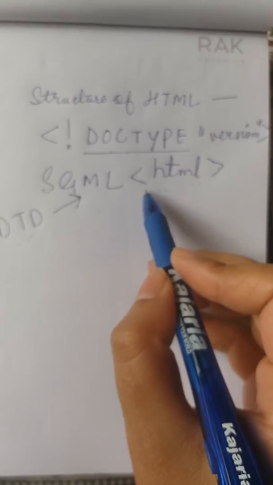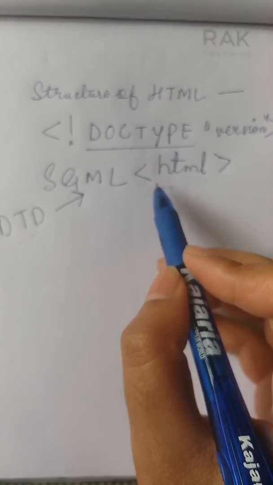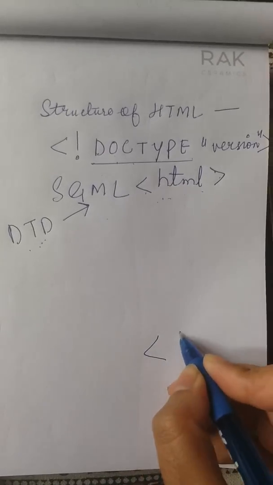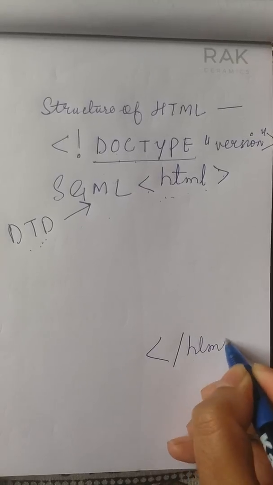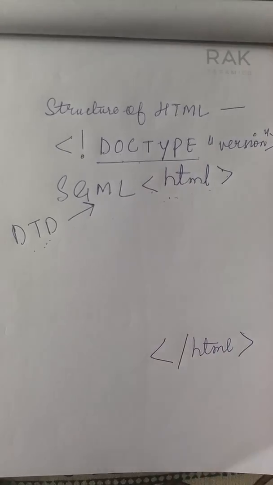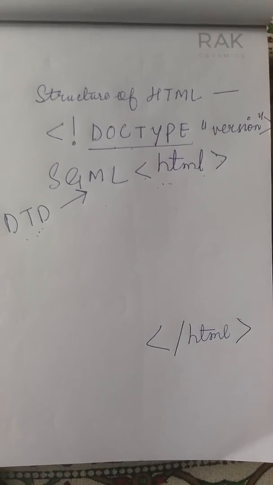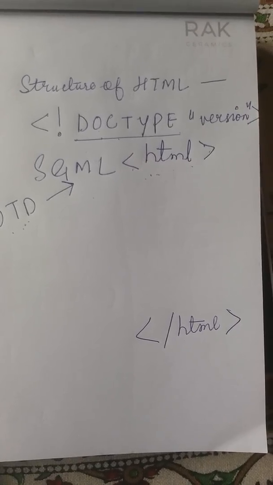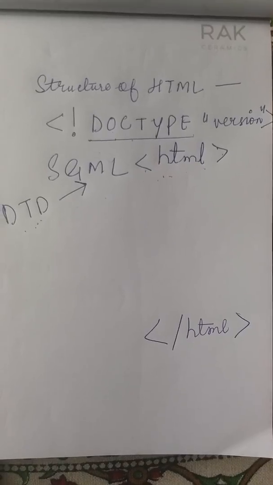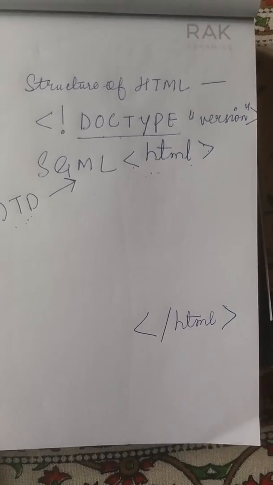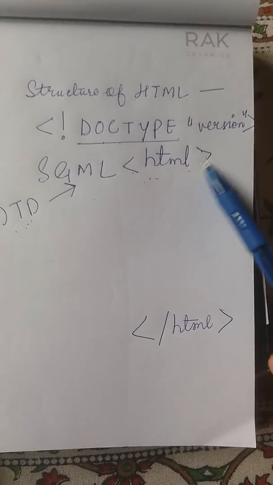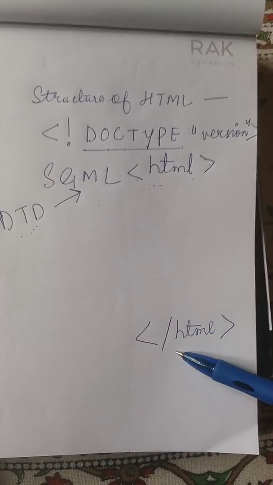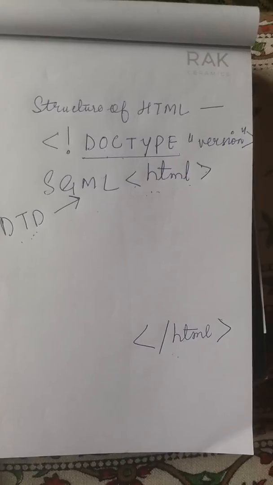This is termed the starting tag of HTML, and here we will mark the end of our HTML tag. Tags in HTML may be paired or singular, which I'm going to tell you later. But remember, HTML has a starting as well as an ending tag. It's recommended to write it like this.